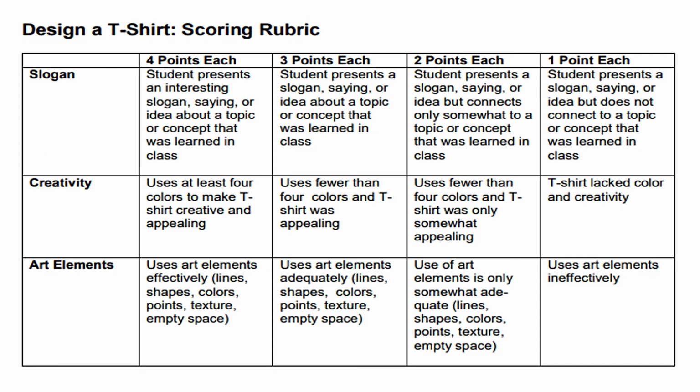And this is how you are going to be rated with your assessment. This is the Design a T-shirt scoring rubric. We have the slogan, creativity, and the art elements used in your design.